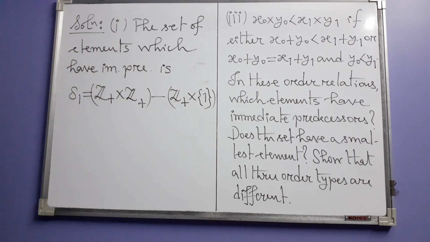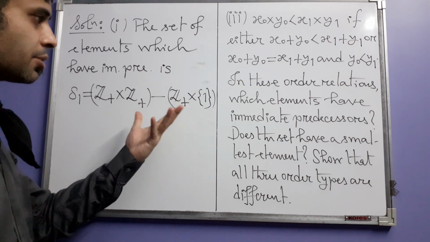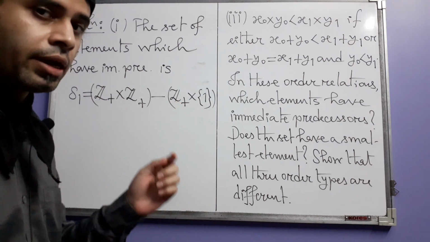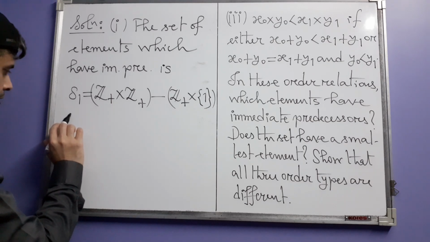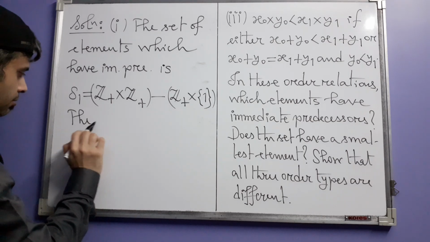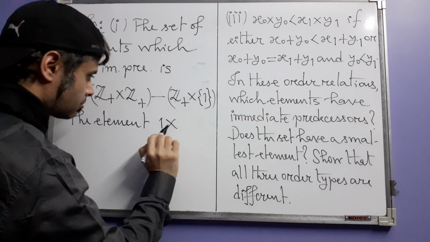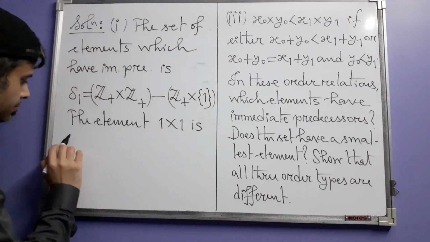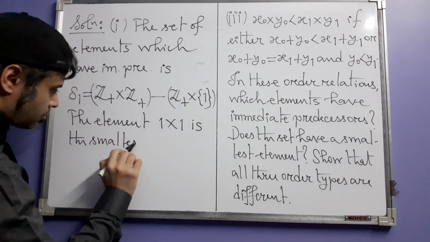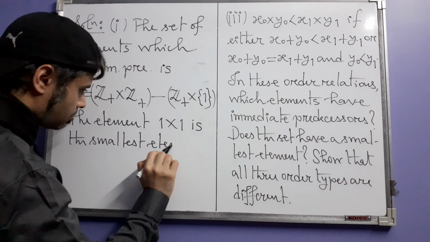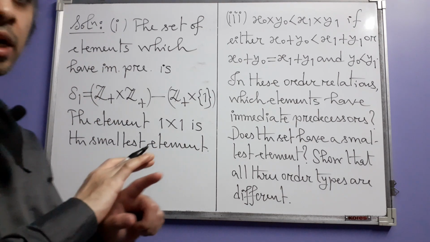They form this Cartesian product. So this is precisely the set of those elements which have immediate predecessors. The element is the smallest element. Okay, so we have done part 1.